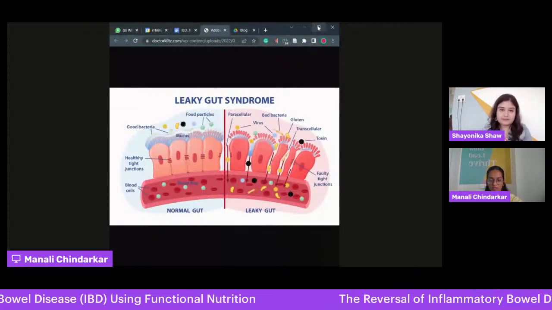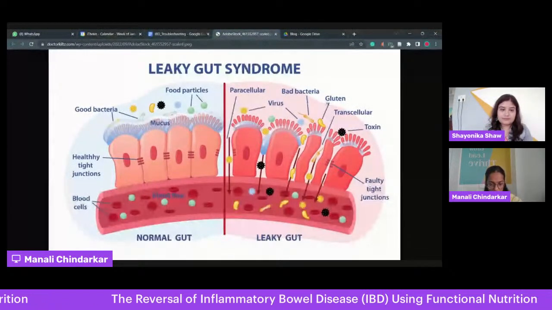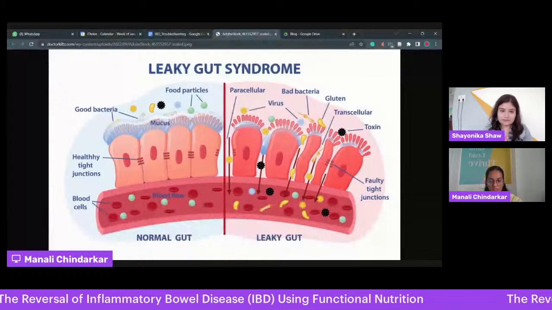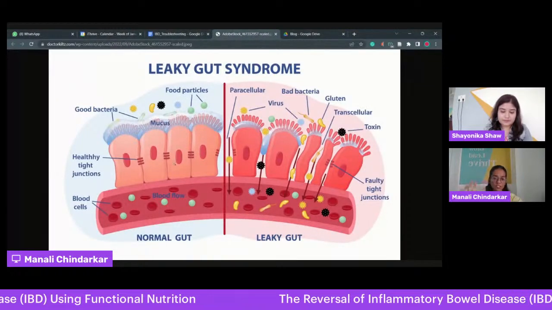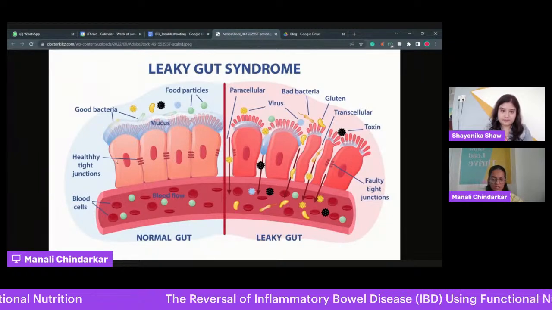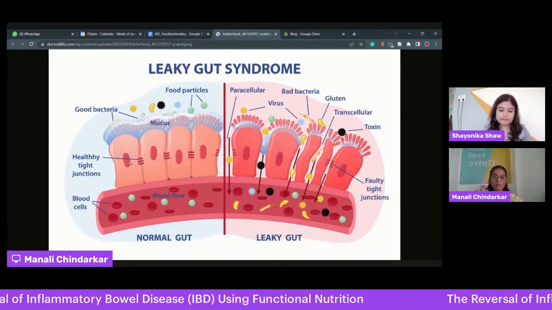Here the diagram shows what leaky gut syndrome looks like and what actually happens. This is the normal gut lining, the healthy condition, which is what we expect. These are the intestinal epithelial layer cells that I was talking about, tightly bound together.